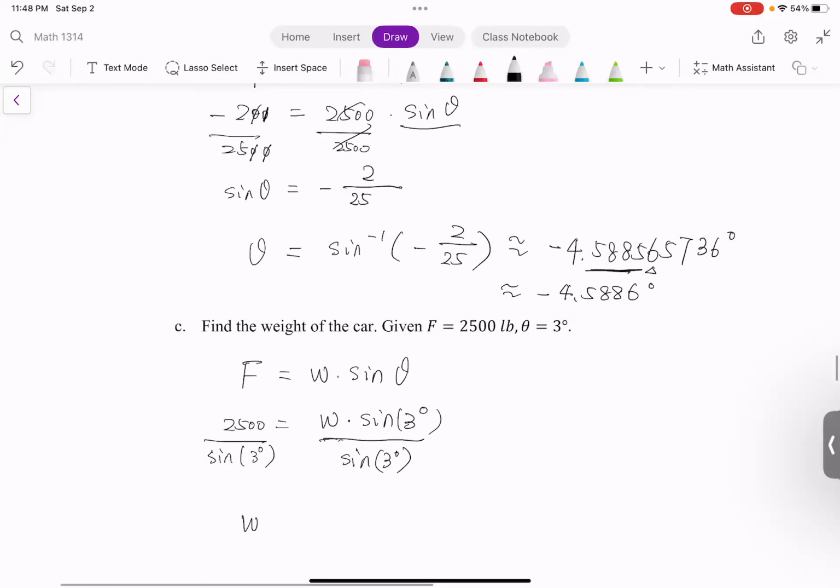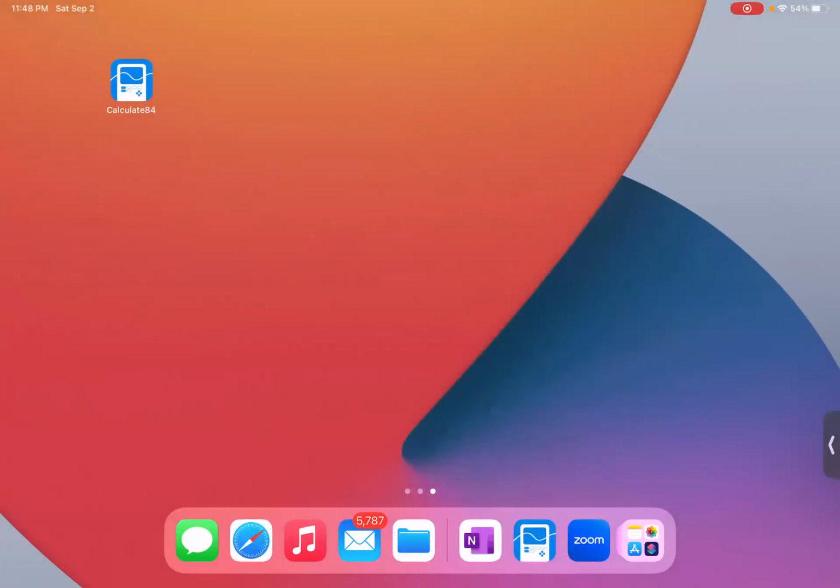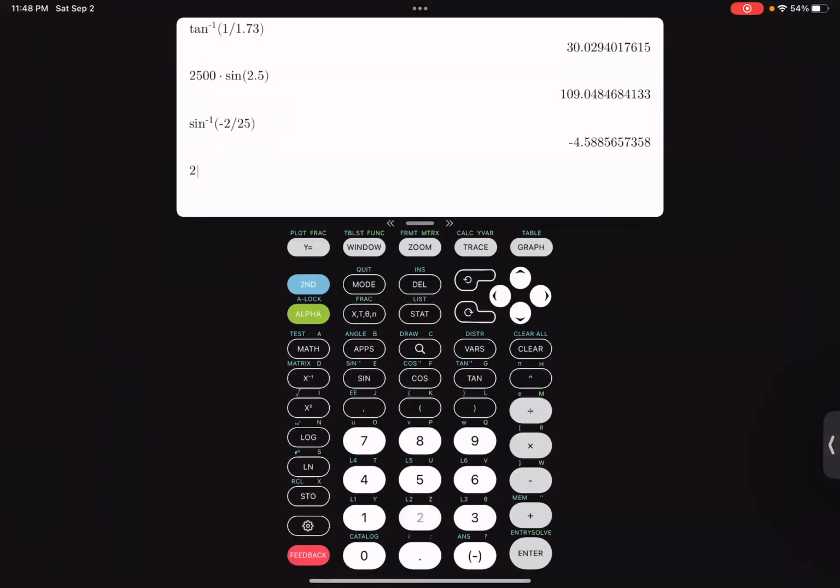Then W is isolated. So it is 2,500 over sine 3 degrees. Let's use our calculator: 2,500 divided by sine 3 degrees. I didn't put the degree symbol because the calculator knows this is degree mode. All right, let's hit enter.